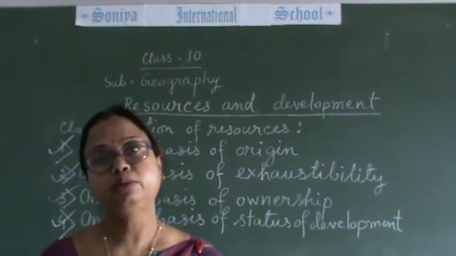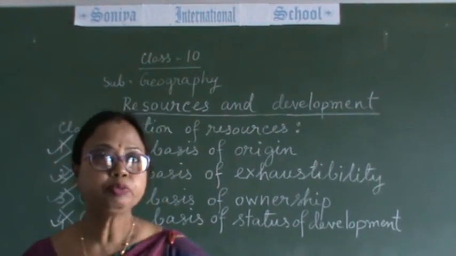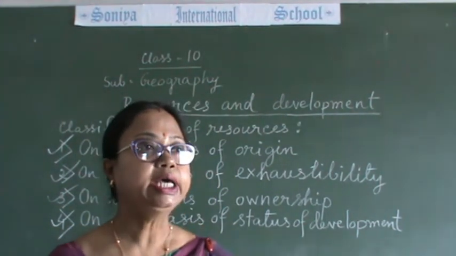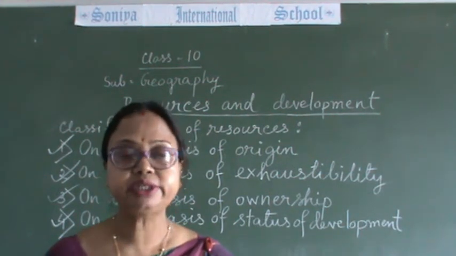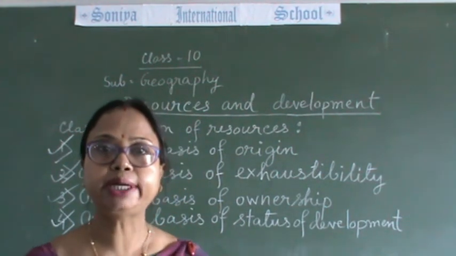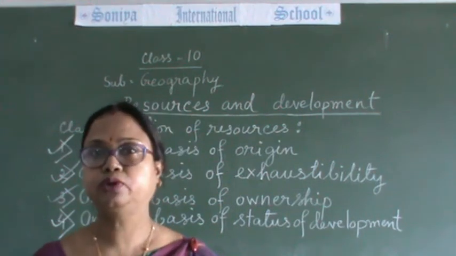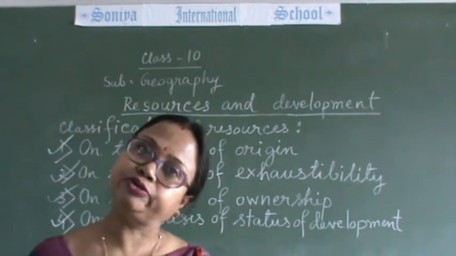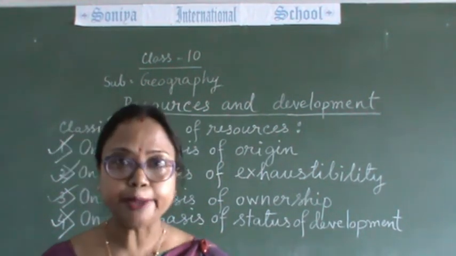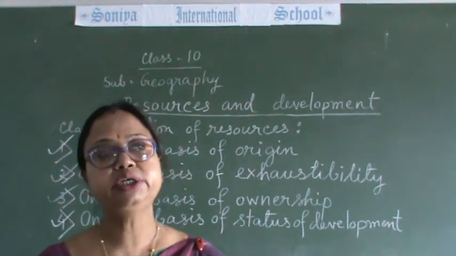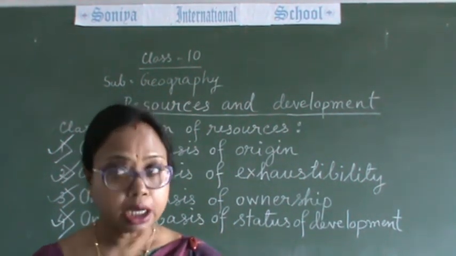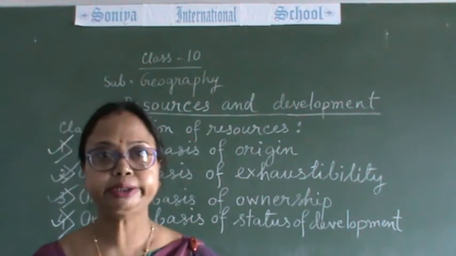What problems are there? First, some people in our society are accumulating these resources. So society is in two groups: the haves and the have-nots. The haves are those who are rich and get everything. The have-nots are poor and do not get everything. Due to this excess use of resources, our society is suffering.